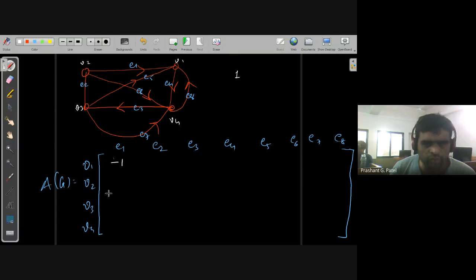Here you will have -1 for V1 and 1 for V2, and all other entries will be 0. For E2, no arrow is given for the other vertices, so that's why it is 0, 1, 1, 0.